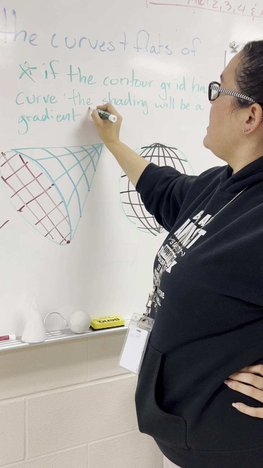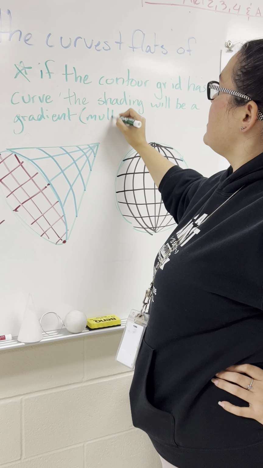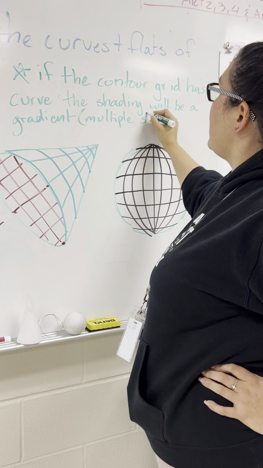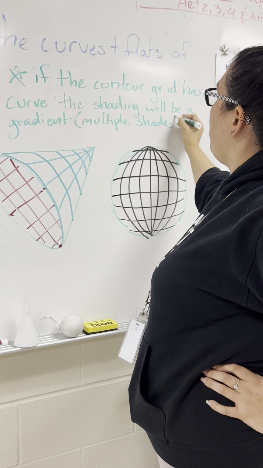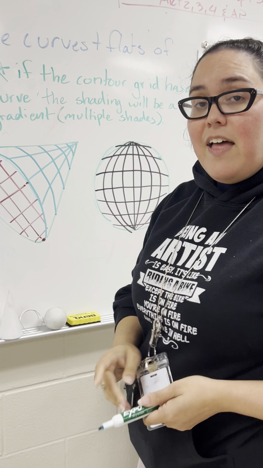If you don't remember what a gradient is, it means multiple shades. And that's everything you need to know about contours on curved shapes.